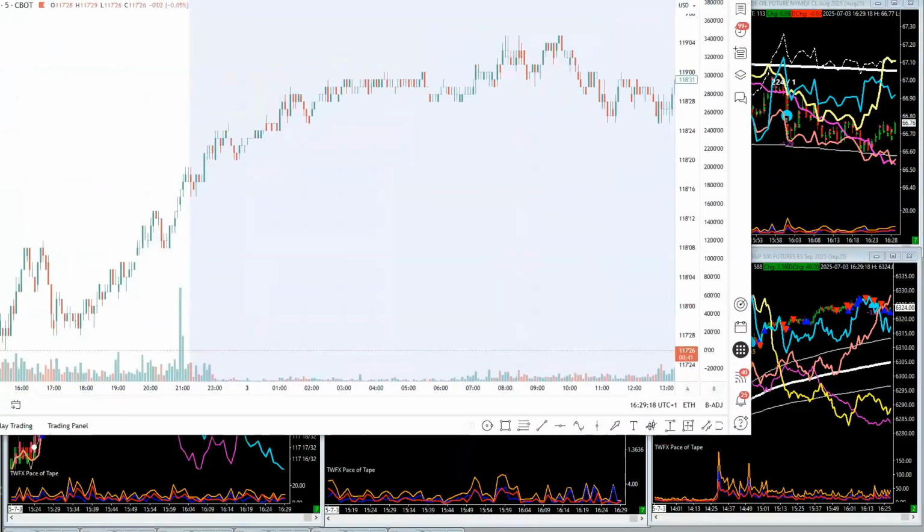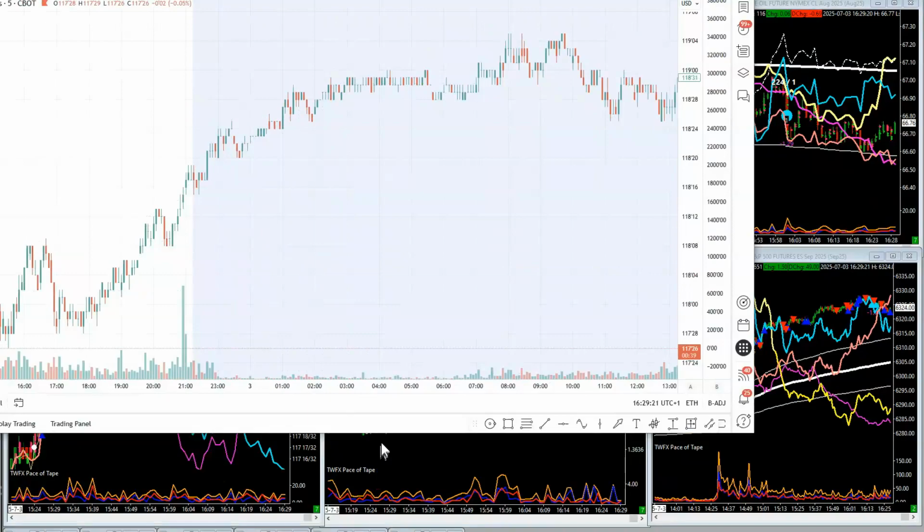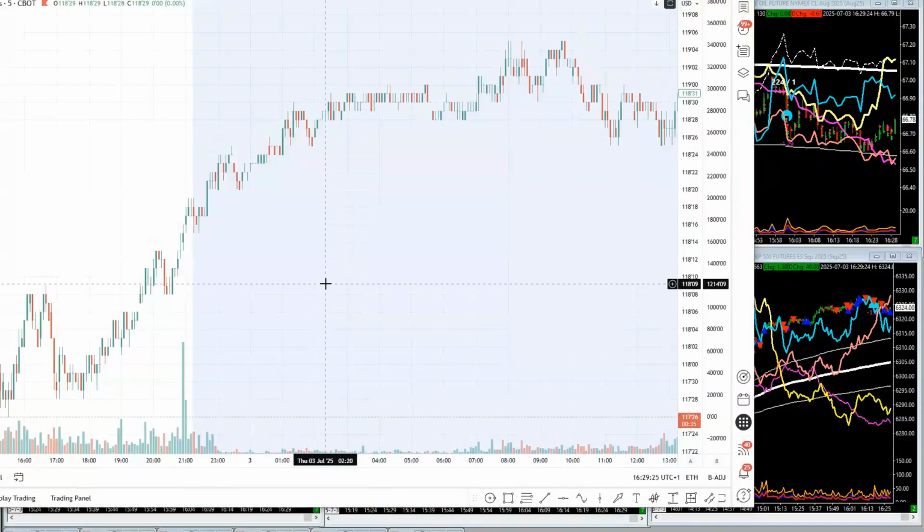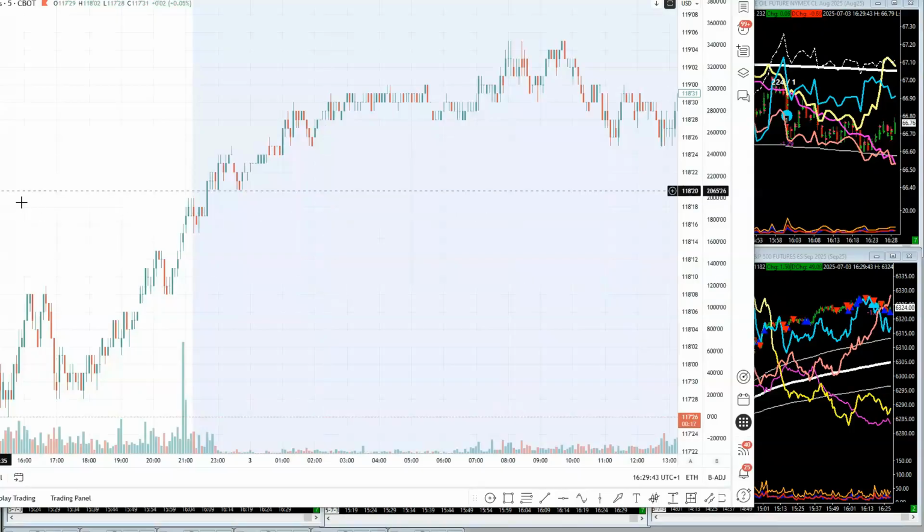It's the idea that it finds acceptance at higher prices or lower prices, doesn't it? That's what it does. Because technically the spectrometer should be away at the top and away at the bottom. And if it's not, that's telling us that there is now an imbalance. It's telling us there is now a higher acceptance or a lower acceptance, isn't it?